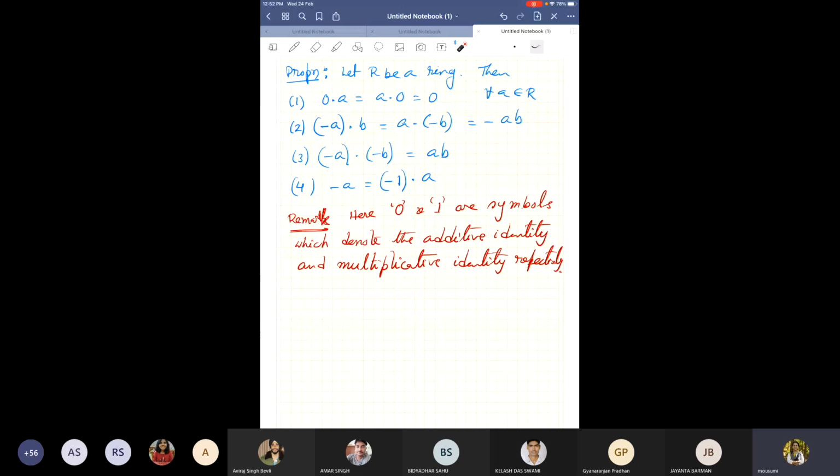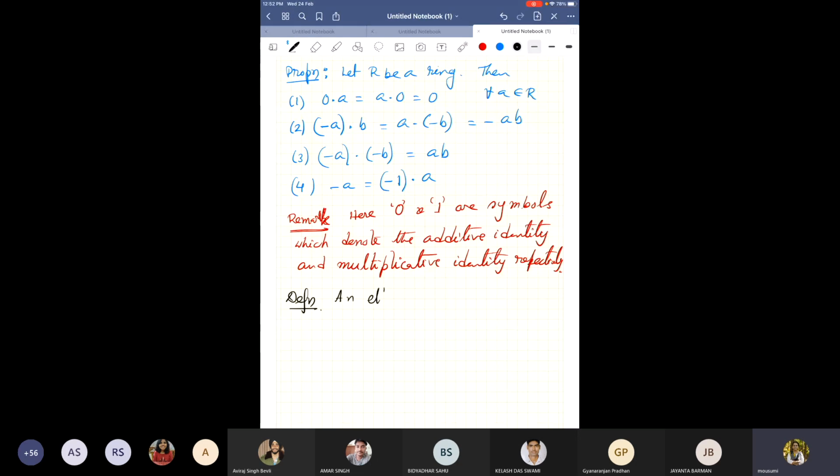Now we have seen examples of rings and so on. So now let me give you some more definitions. What is a unit element?